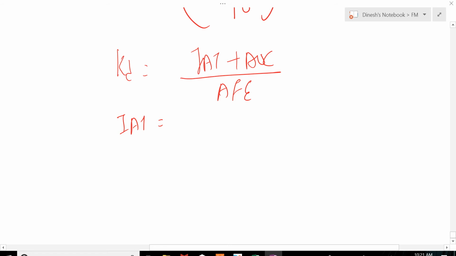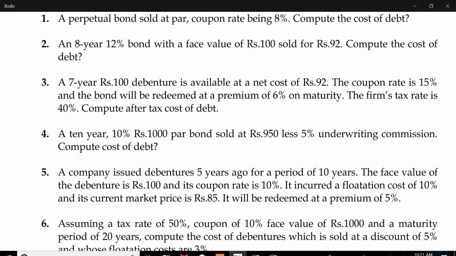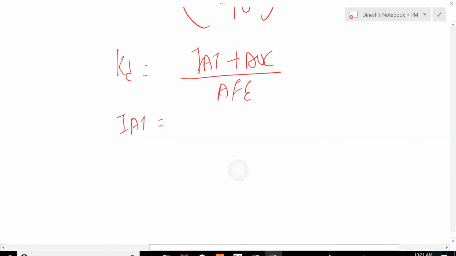What is the interest rate given in the question? 15. Face value? 100. Face value is 100. So 15 into 1 minus 40%, 1 minus 0.4.